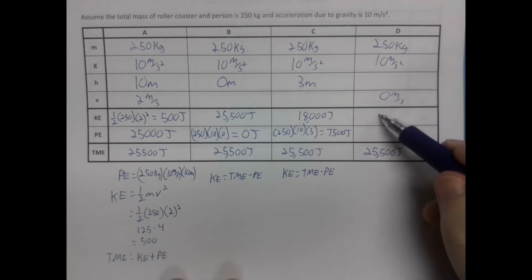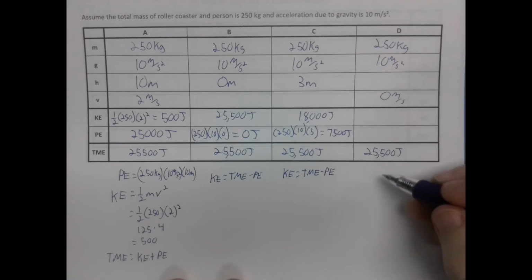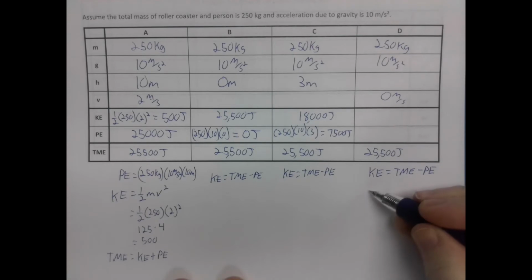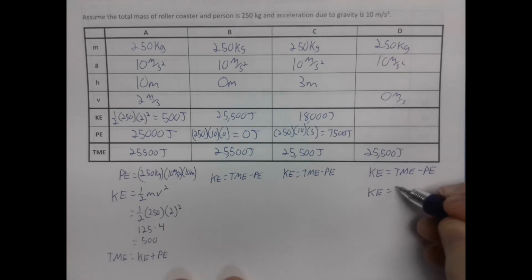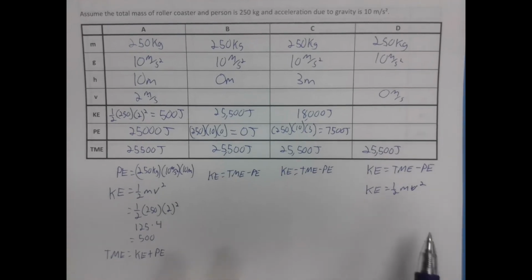Kinetic energy here. Can we solve for kinetic energy here? So we have two formulas for kinetic energy. Kinetic energy is equal to total mechanical energy minus PE, or kinetic energy is equal to 1/2 mv squared. Do we know what the mass and velocity is?